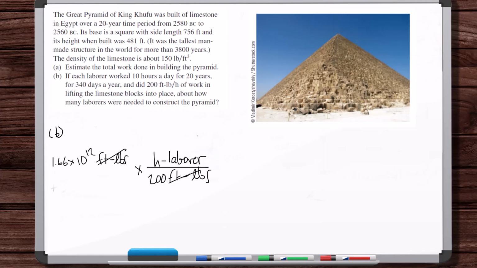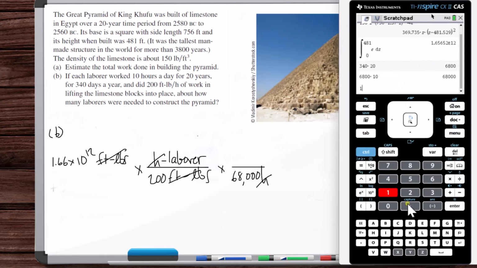That's 68,000 hours. Now we're in laborers, the number of laborers. So about 122,000 laborers.